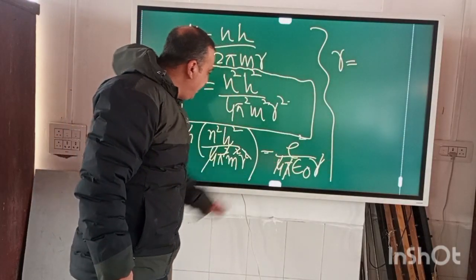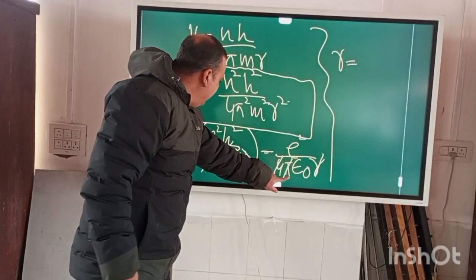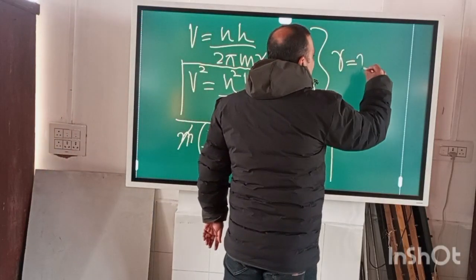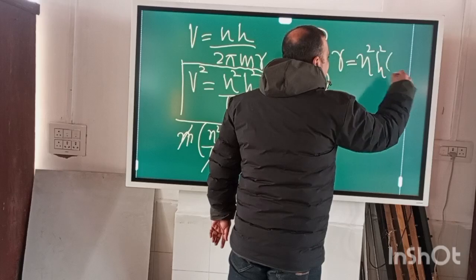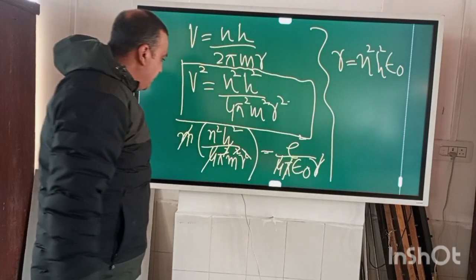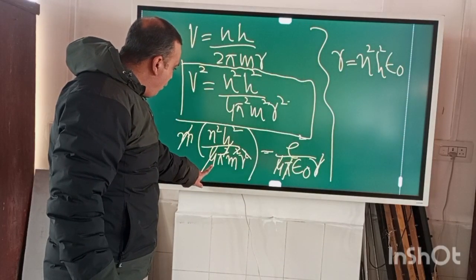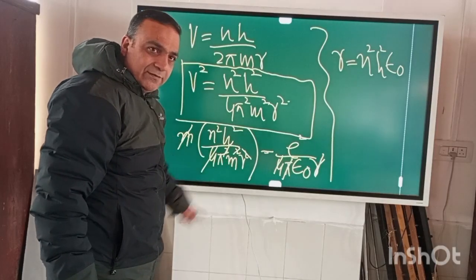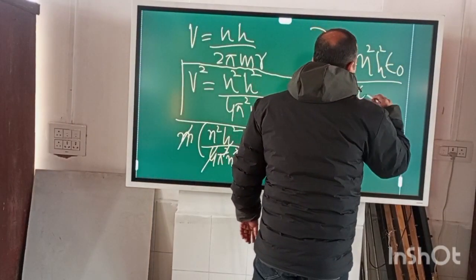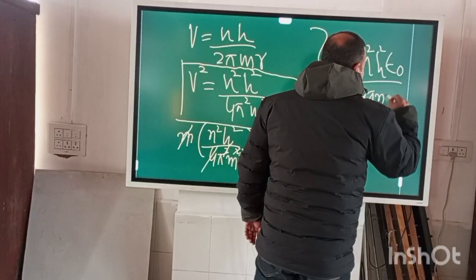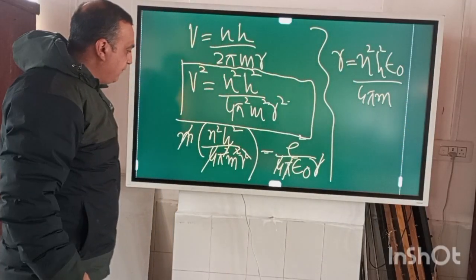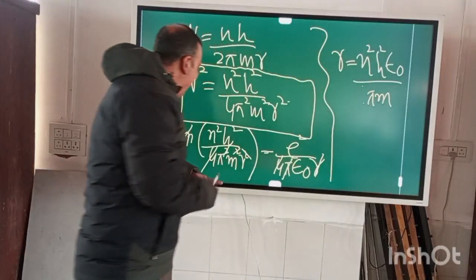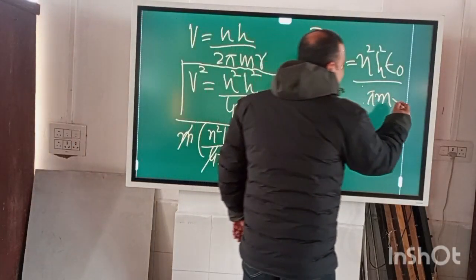So this is over r, and in the numerator, I'll have n square h square epsilon naught, divided by 4 pi m. 4 will go, only pi. You're right. Okay, pi m e square.